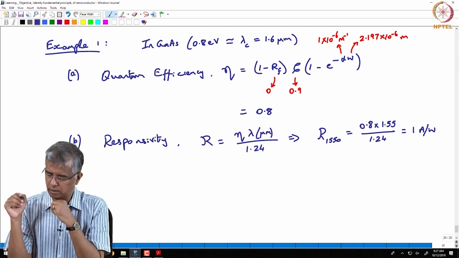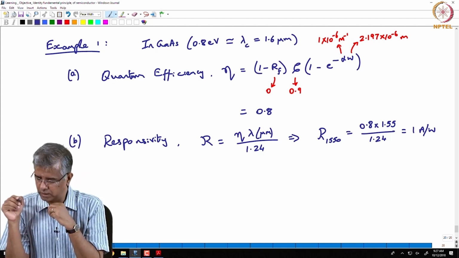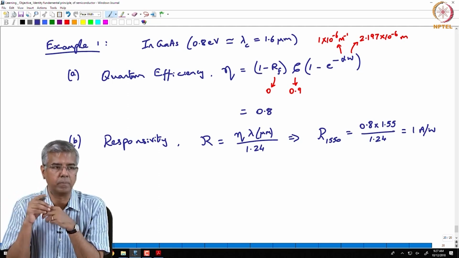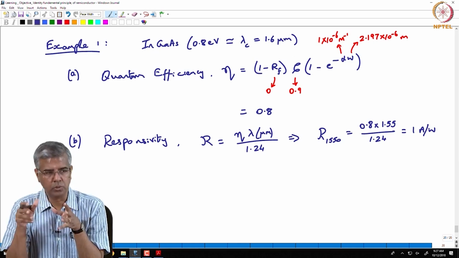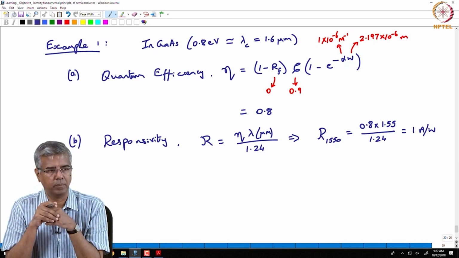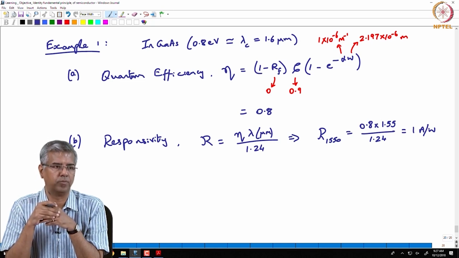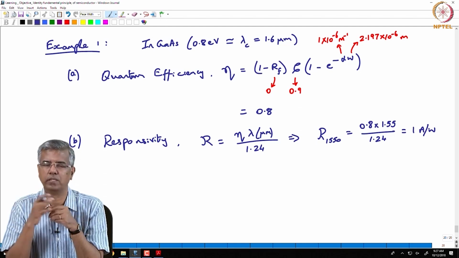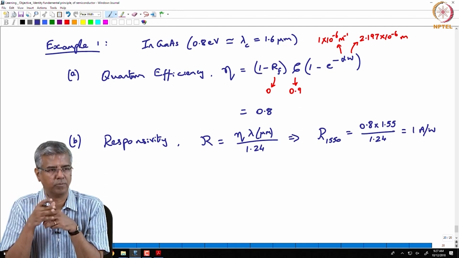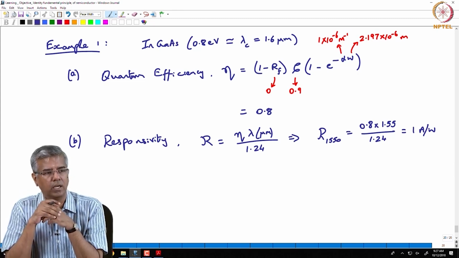So, question is whether this indium gallium arsenide is direct or indirect. It is actually a direct band gap semiconductor. So, you can use indium gallium arsenide material for achieving lasers at 1550 also. They typically use indium gallium arsenide phosphide, where the phosphide actually finally determines the band gap energy.